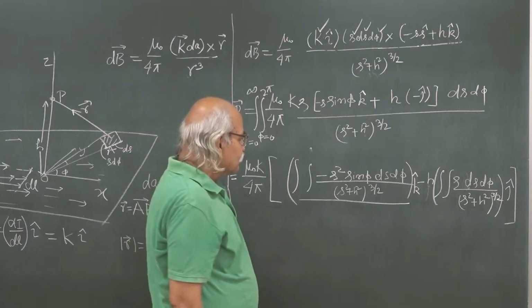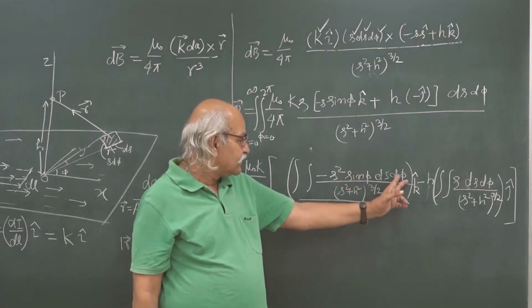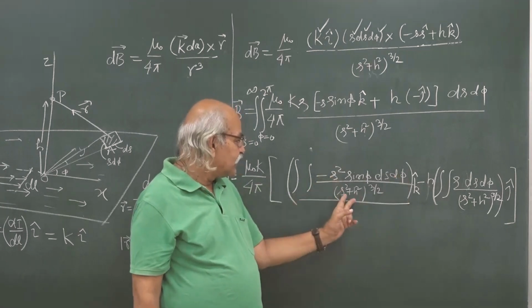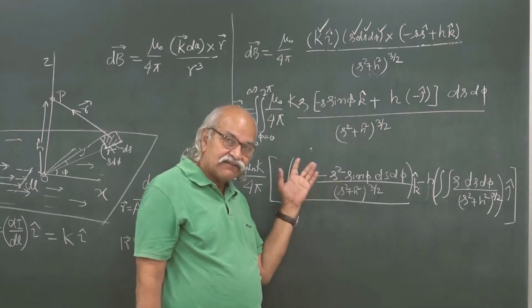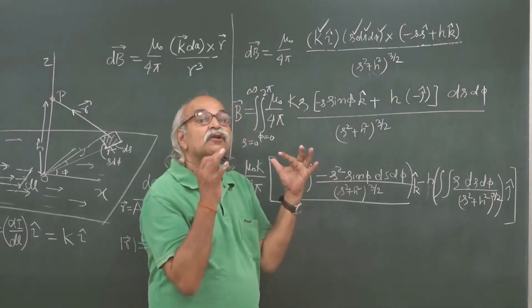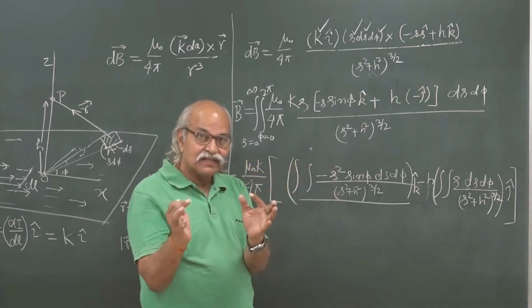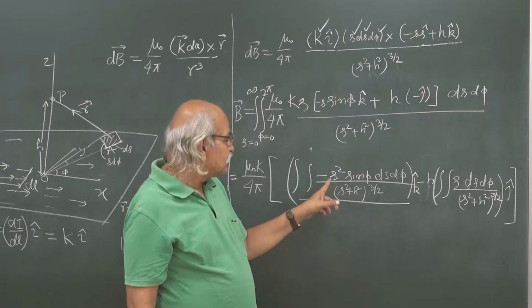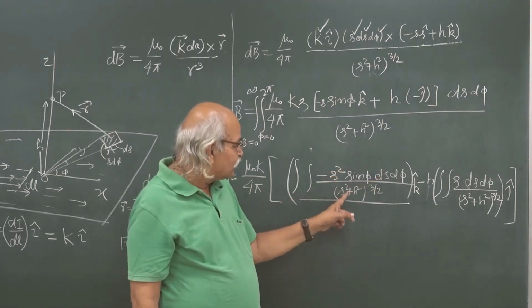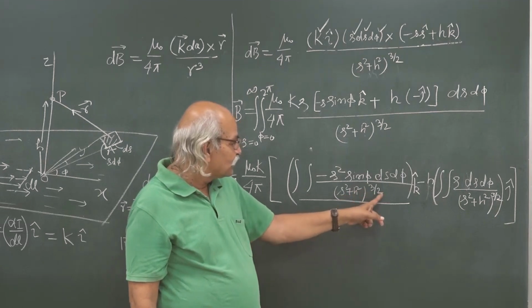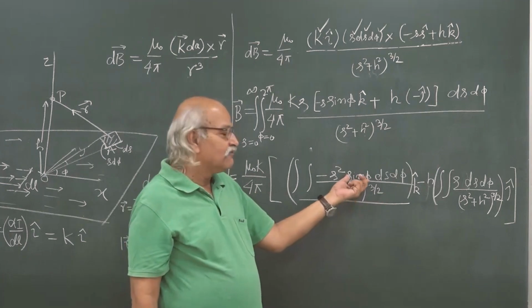What is this? You have sin phi and d phi, s square and this. So, it is a function of s and phi, but they are not mixed up. The s part is separate and phi part is separate, multiplied. S part is s square divided by s square plus h square to the power 3 by 2, and the phi part is sin phi.